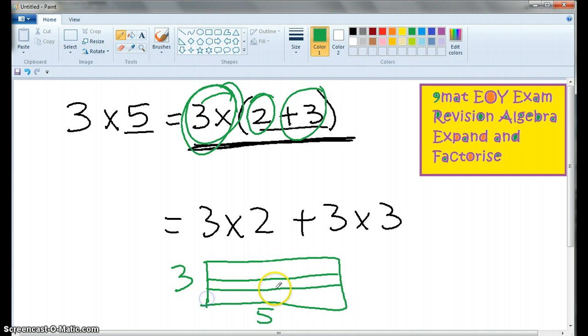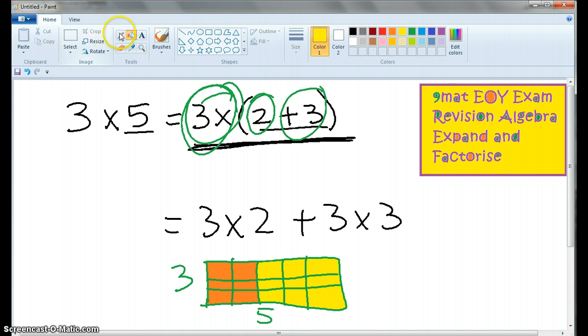I've got 3 this way and 5 that way. So 3 lots of 5 is the same as 2 lots of 3, that's my 2 lots of 3, and here's my 3 lots of 3: 1, 2, 3, 4, 5, 6, 7, 8, 9.